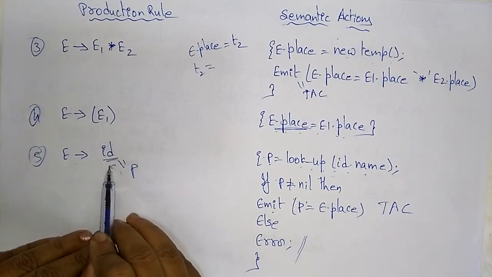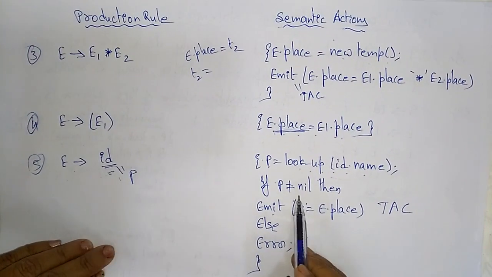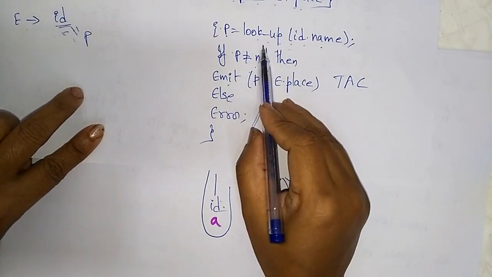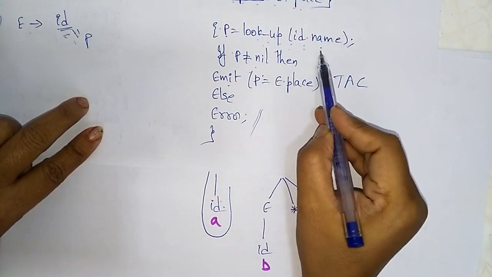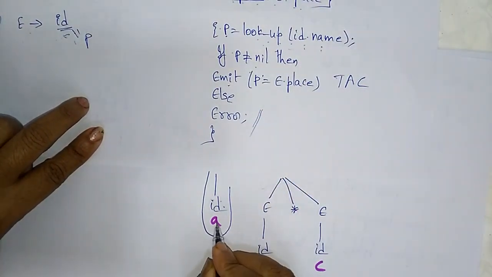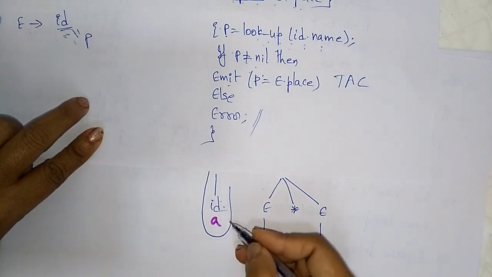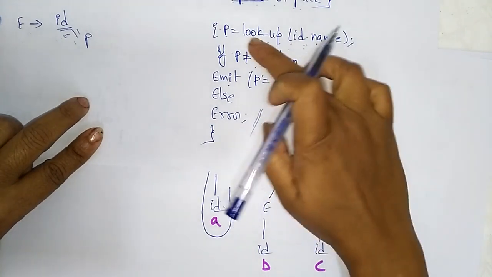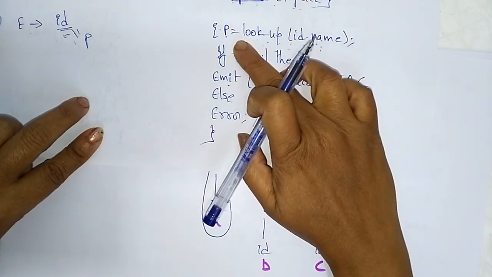The action is P = lookup(ID.name). Here the ID.name is a, so P = a.